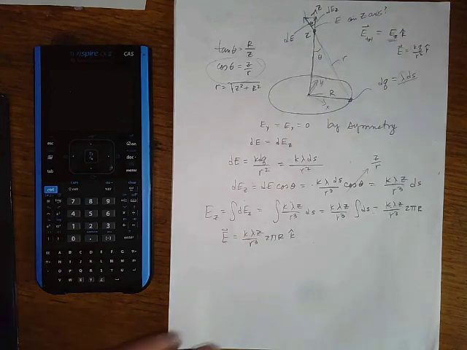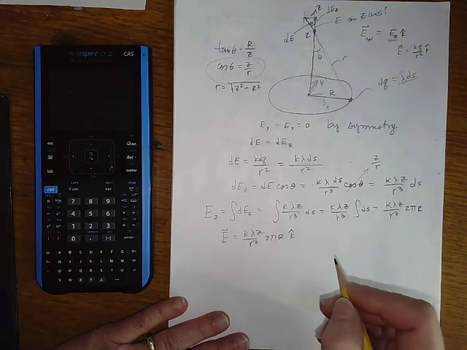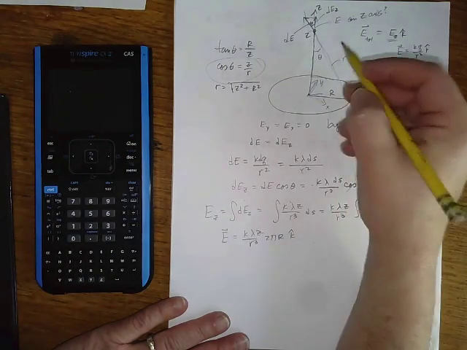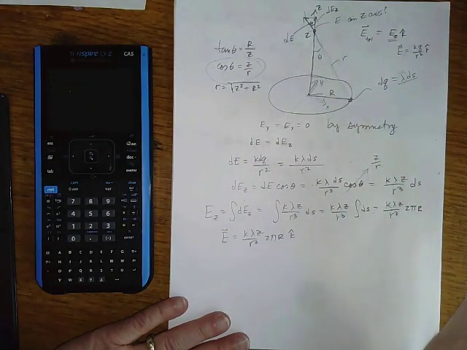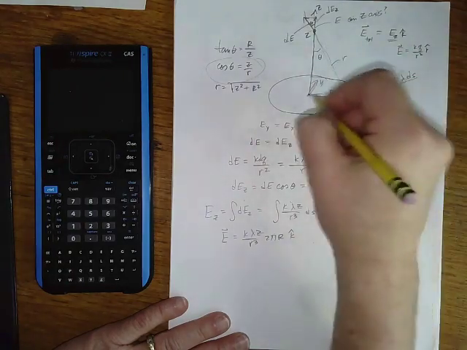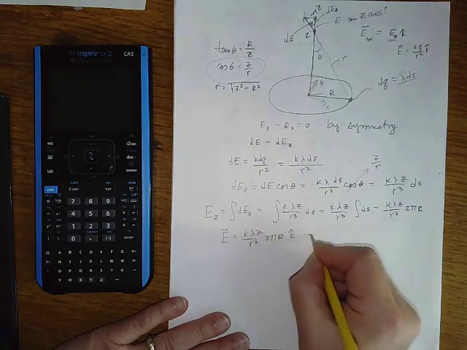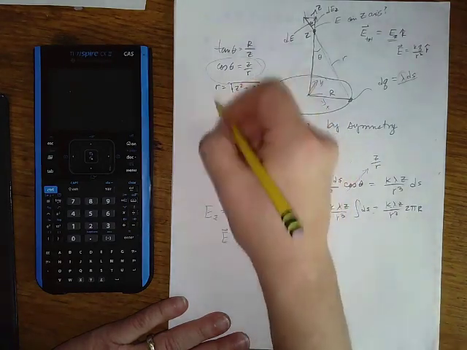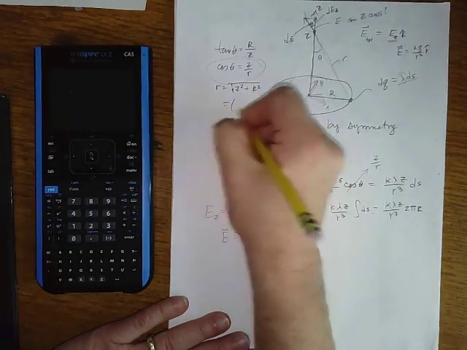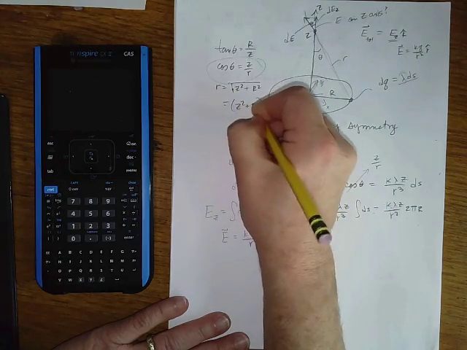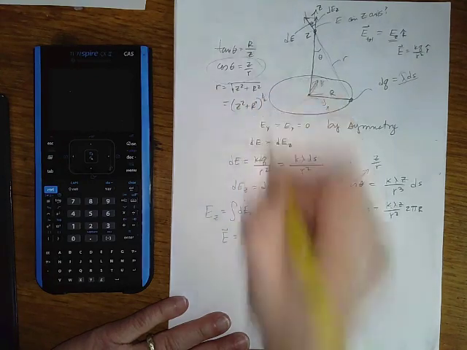Depending on how we want to look at it, we can look at it in different ways. If we want to get rid of the little r and just do it all in terms of the physical geometry here, we can substitute in that r. Little r is the square root, or we could write it this way, maybe a little easier to see: z squared plus R squared to the 1/2 power.